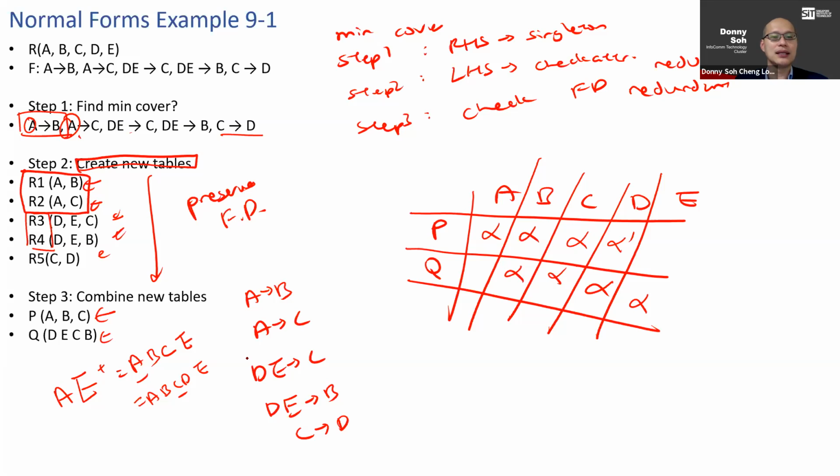So the way that we can make this lossless is that I can add in the candidate key as a new table. So I have a new table, let's say Q prime, which is A E. If I add this as a new table, then I will be able to make this lossless.